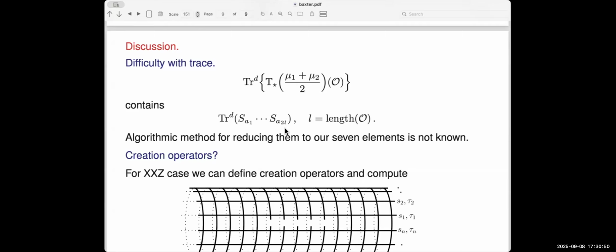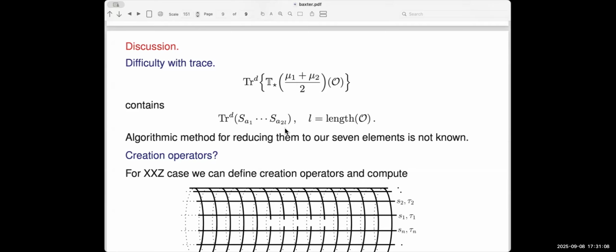But unfortunately, for the moment we cannot make this procedure algorithmic. Of course, we did something on the computer, and computed the correlation function, say, for up to three sites.